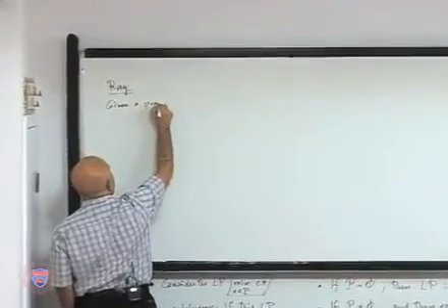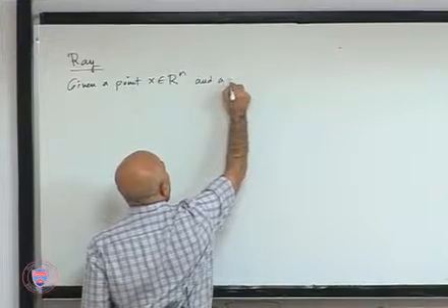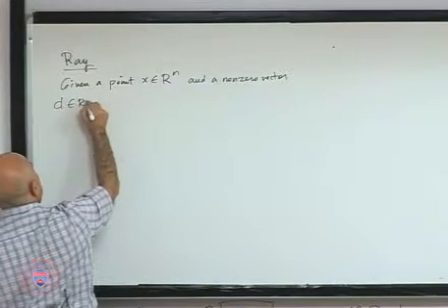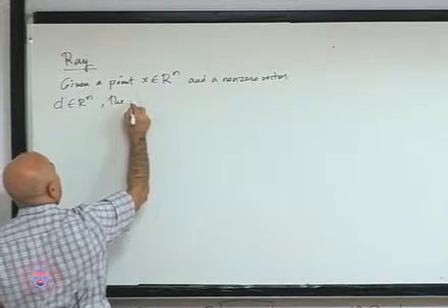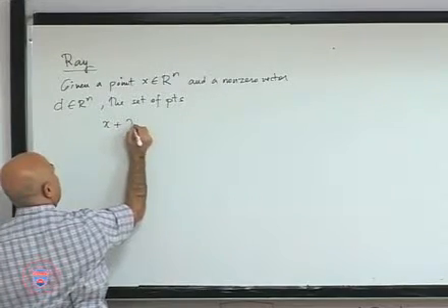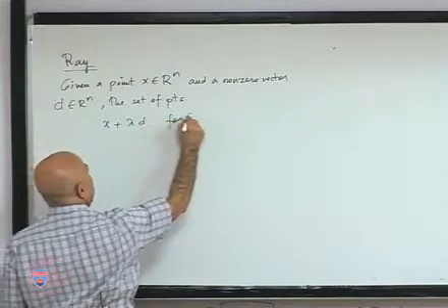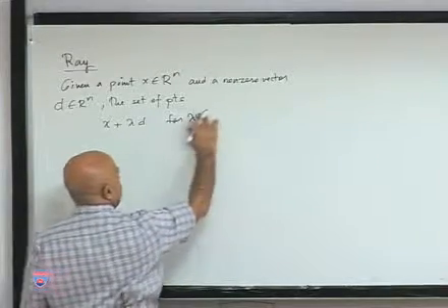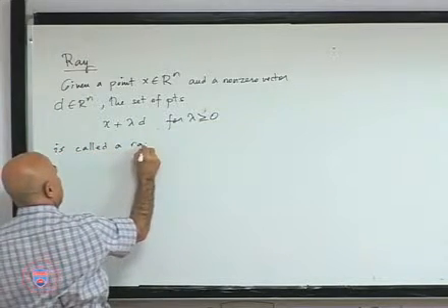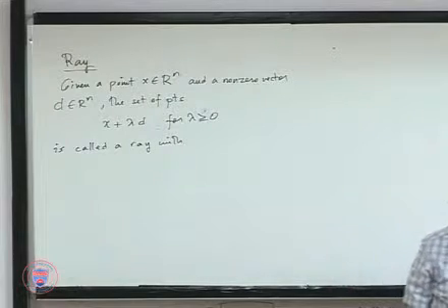Given a point x in Rn and a non-zero vector d in Rn, the set of points of the form x plus lambda d, for lambda non-negative, is called a ray with tip at x, or with vertex at x.